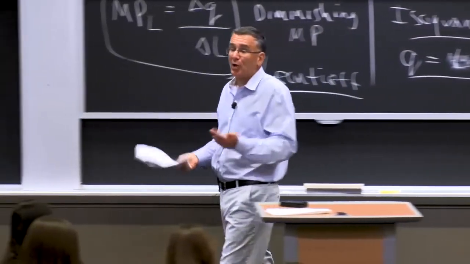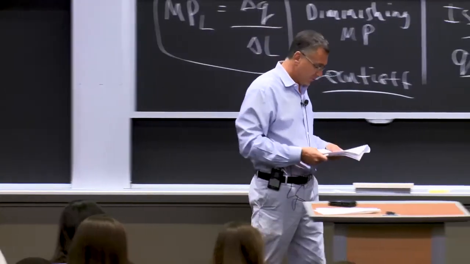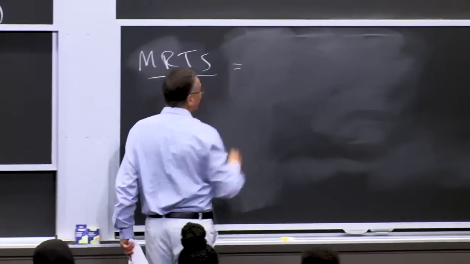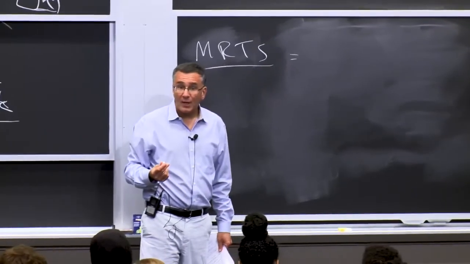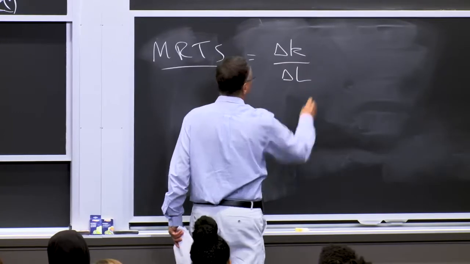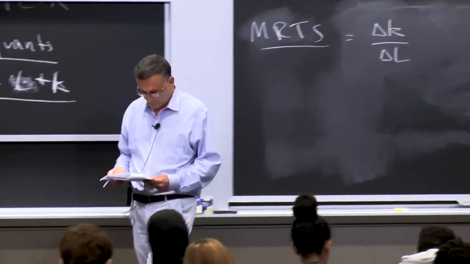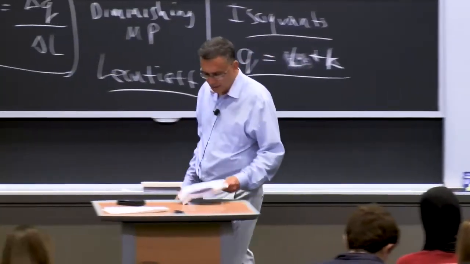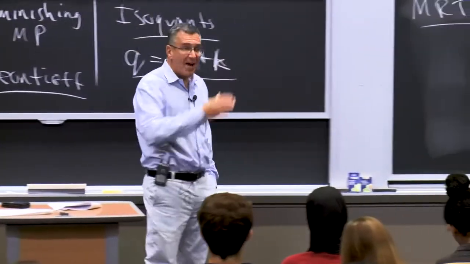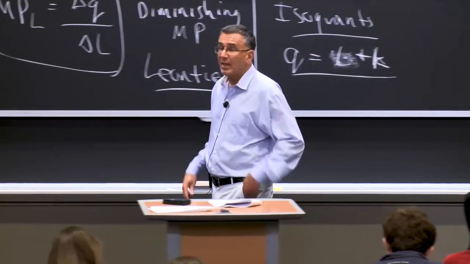It comes from a technical production function, not from your preferences. So the marginal rate of technical substitution is the slope of the isoquant, or delta K over delta L. And as with indifference curves, that slope varies along the isoquant.